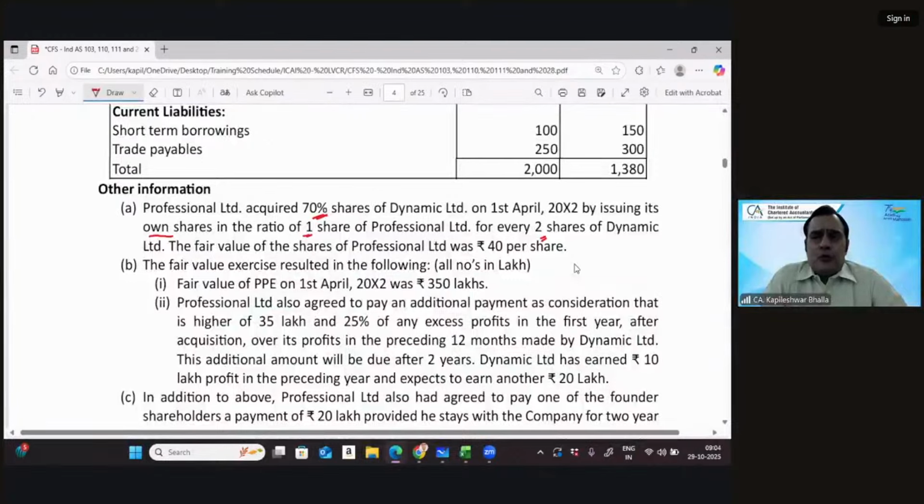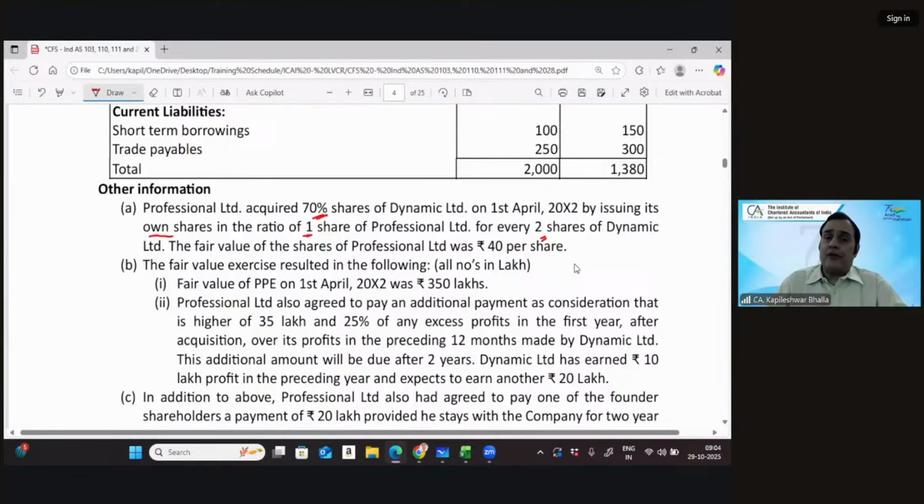So I am going to do some calculations later, and we're going to also identify whether it is acquisition or reverse acquisition, because it all depends upon who gets the control. Is Professional Limited still in control of his company, or by giving the shares to the shareholders of Dynamic, he loses the control? That will decide whether it is acquisition or reverse acquisition accounting.